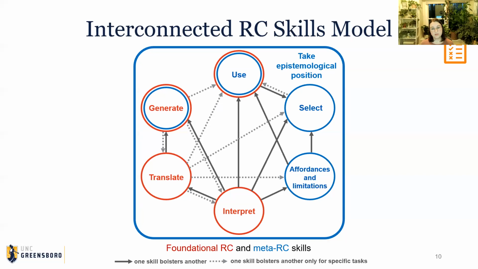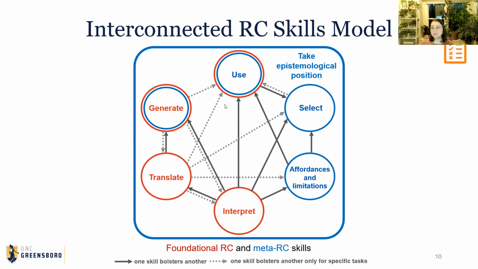We also argue that in order to use representations effectively, we also need conceptual knowledge. So conceptual knowledge coupled with other representational competence skills is what enables us to use representations effectively. I'm talking quite a bit about the use skill because we're identifying it as the chief skill, so I'm unpacking it in a little more detail.